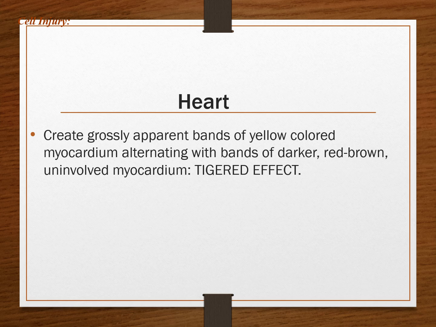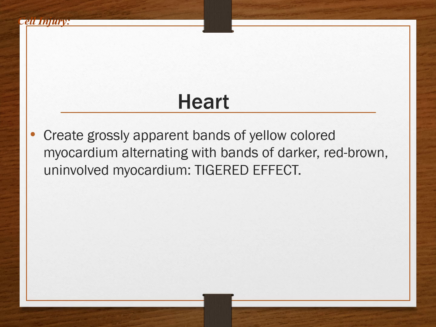Now coming to deposition of fats in the heart. It creates grossly apparent bands of yellow colored myocardium alternating with bands of darker red brown uninvolved myocardium, and this effect is called the Tigroid effect. In the MCQs, this question can be asked, or for 3 marks also, you can get the Tigroid effect.